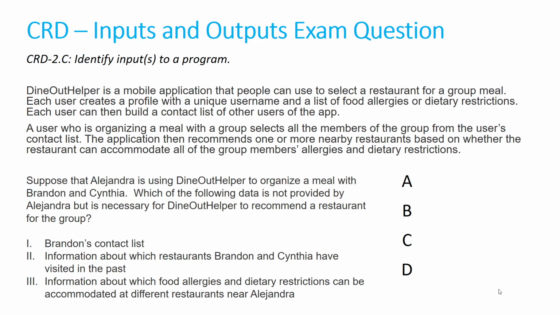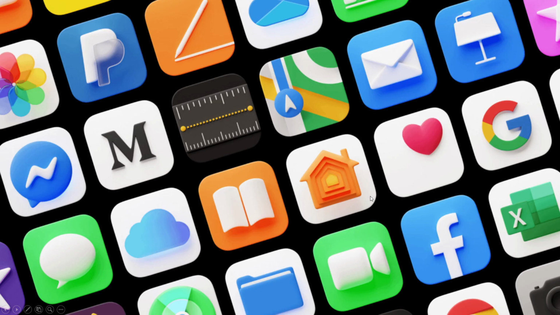So I'll let you pause the video and think about it. We've got these options here. So pause it now and have a think. And the answer is 3 only, right? Because if we just want to know what restaurants to recommend, we really only need this thing here. We don't need Brandon's contact list because it's not about his friends. It's really just about those essential things. So that's asking for what inputs do we need. Okay. Next topic.